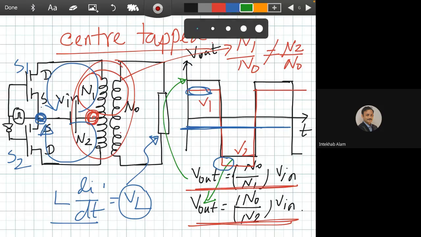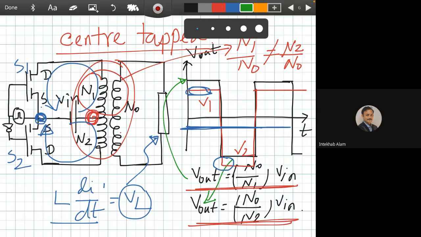But the negative point is that it has a transformer, the transformer should be center tapped, and there is loss in the transformer, not only inside the switch. So this push-pull inverter is lossy, not so efficient. If the transformer is 85% efficient, then you inherently have a loss of 15% in the transformer.